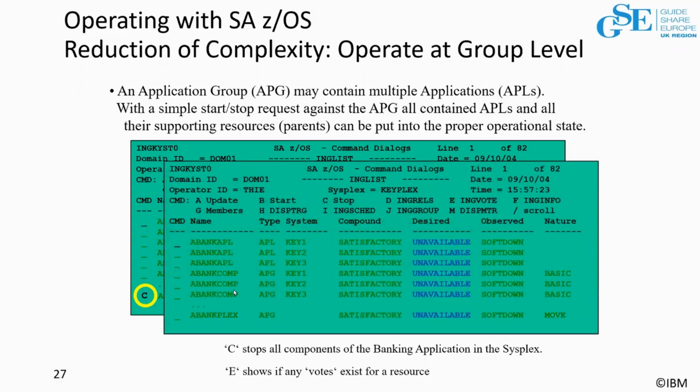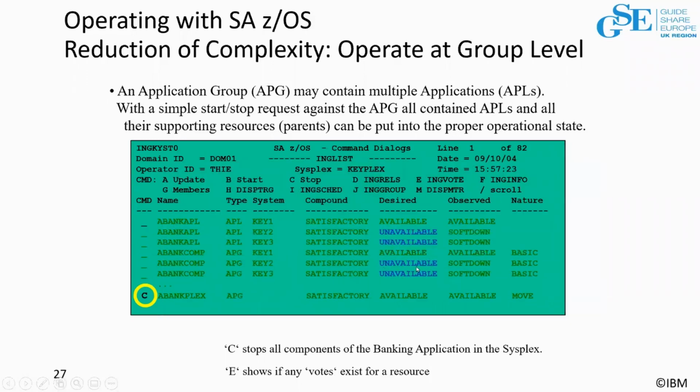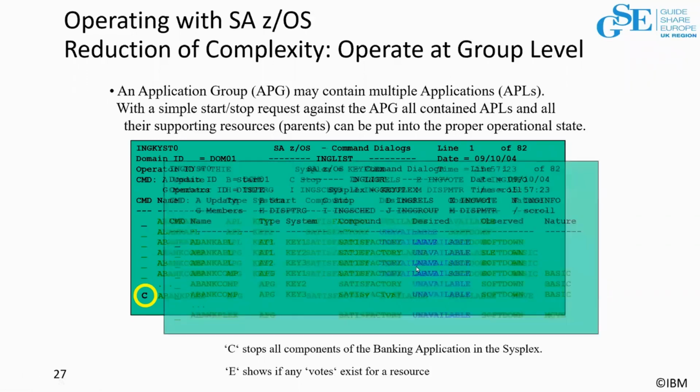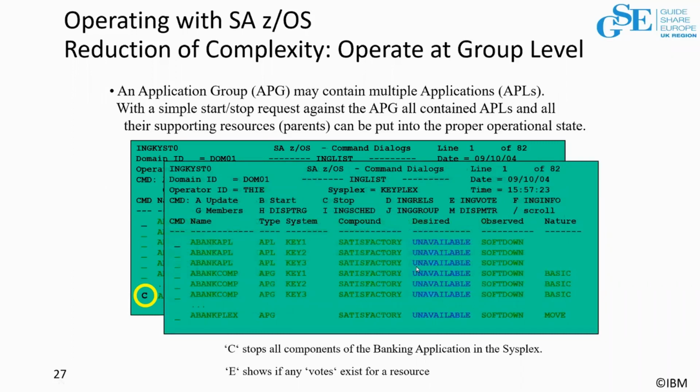You can now see that the desired state for all of those things is now unavailable, and the observed state shows they are actually down. So the compound state is satisfactory. If we go back, you can see that at least 2 resources were taken down just by the action of a single command.